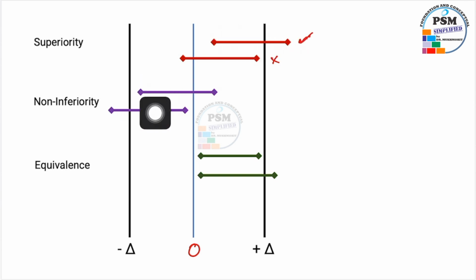On the same principle, to understand non-inferiority, let me name these trials 1, 2, 3, 4, 5, and 6. It will be much easier for me to discuss with you.